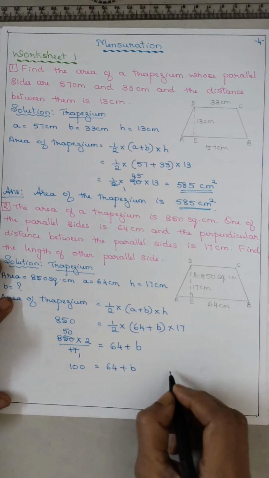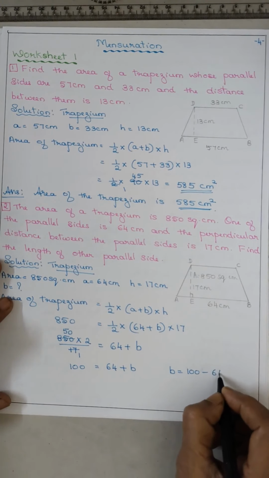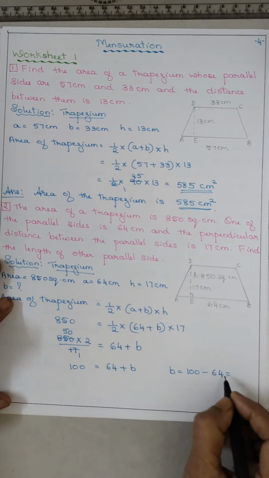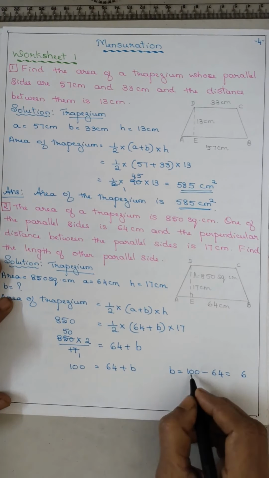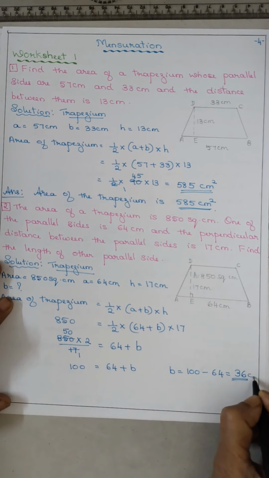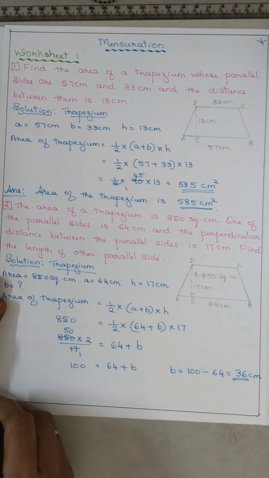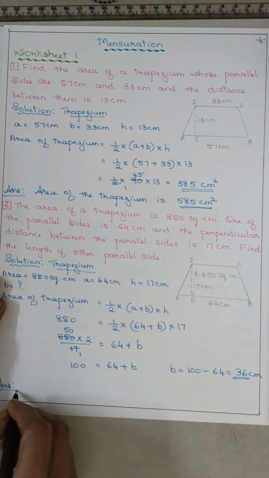Therefore B is equal to 100 minus 64. 10 minus 4 is 6. Now 9. 9 minus 6 is 3. B is equal to 36 centimeter. Answer.